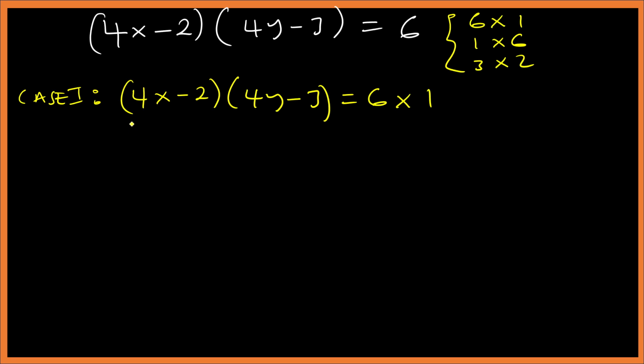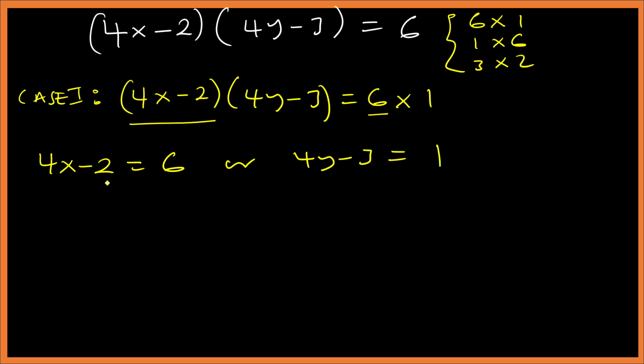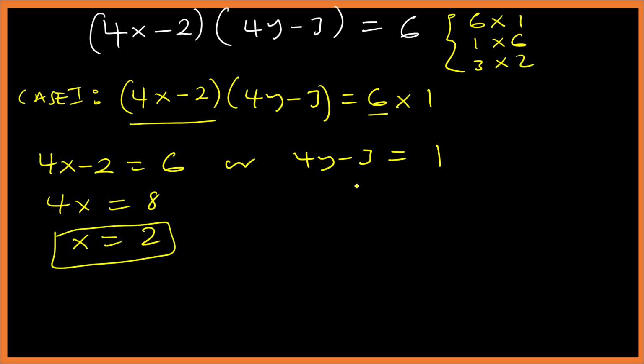It means 4x minus 2 is equal to 6, or 4y minus 3 equals 1. So to this side, 4x equals 8. Therefore, x is 2. And this side, 4y equals 4, y equals 1. So that is for case 1.